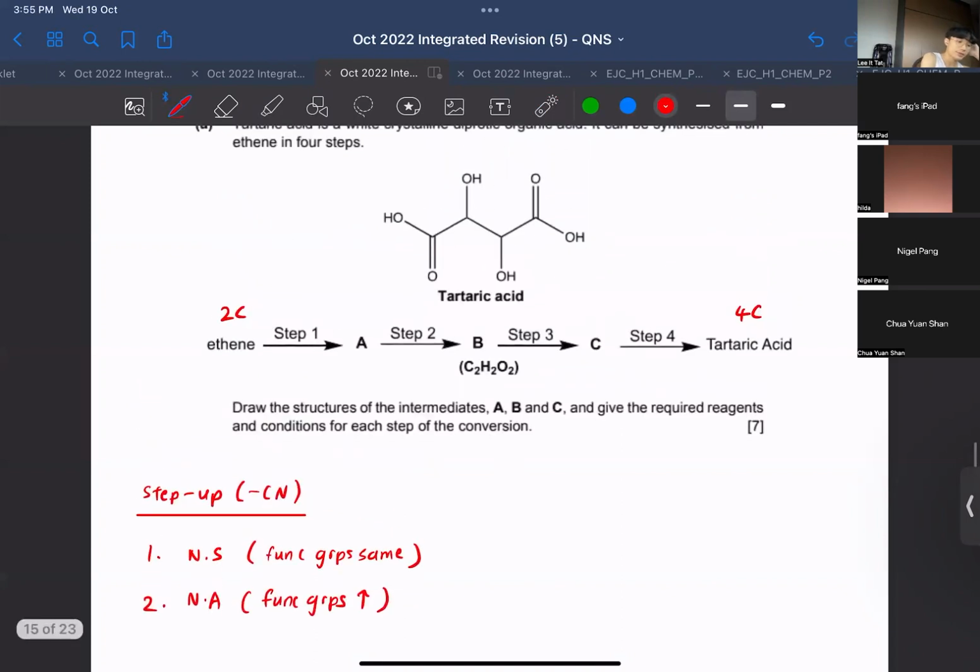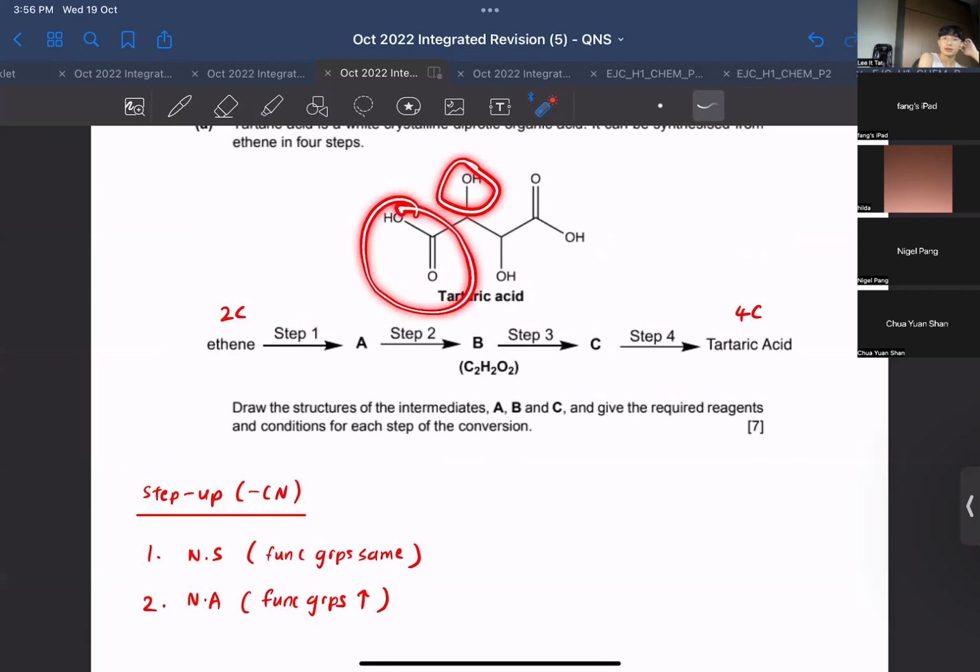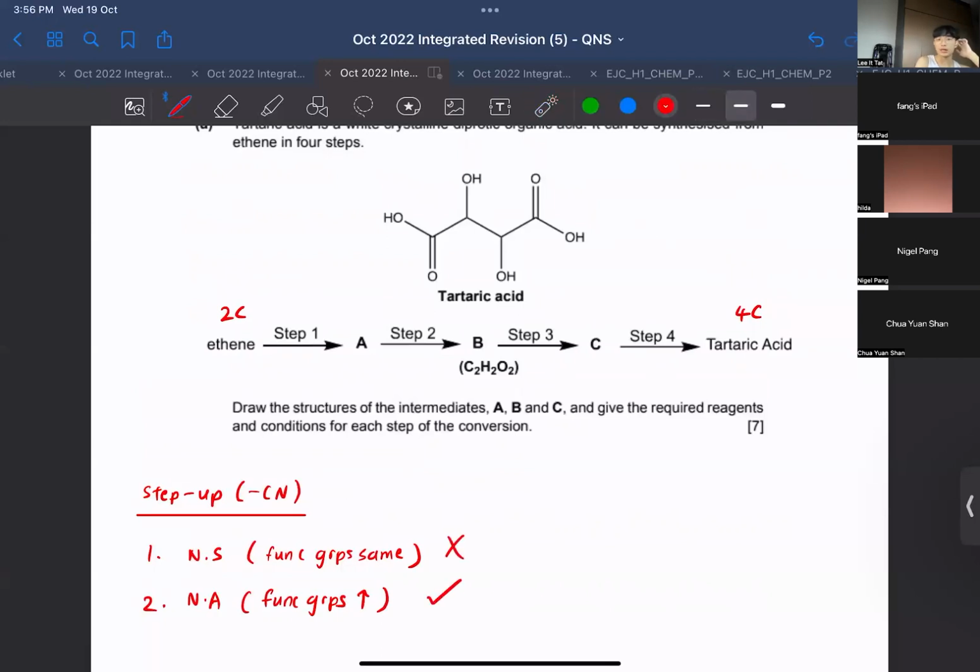We start off as ethene with only 1 functional group, but here we have 2 functional groups. The other side is just a duplicate. So you can see there's an increase in number of functional groups, meaning we should be using this and not this. We need nucleophilic addition to happen somewhere in this process.